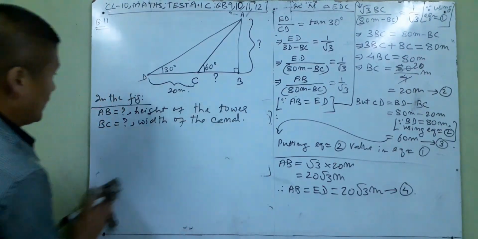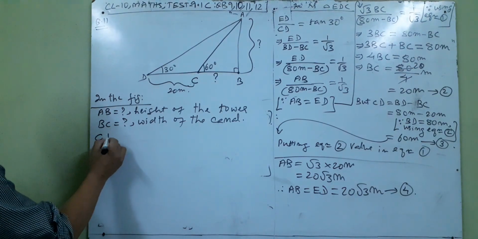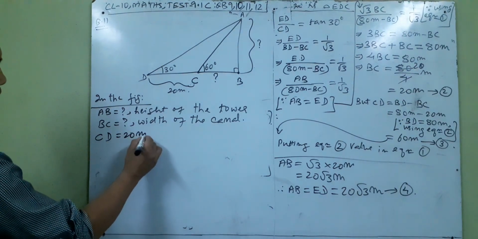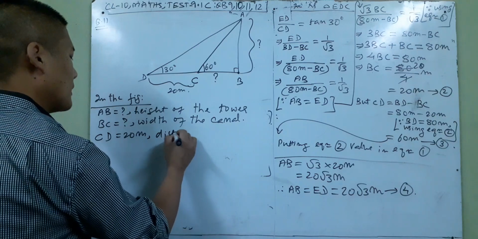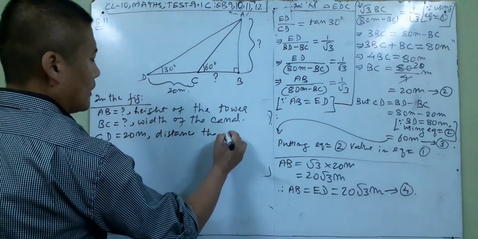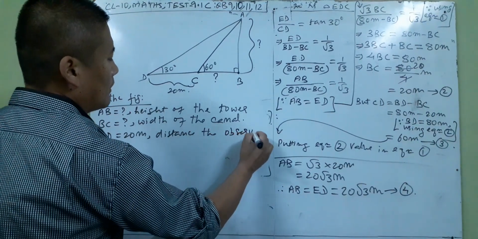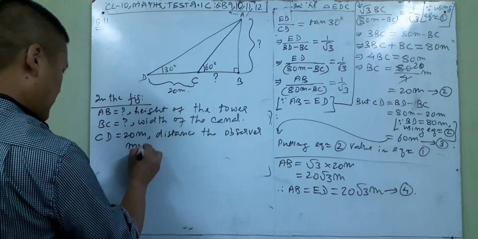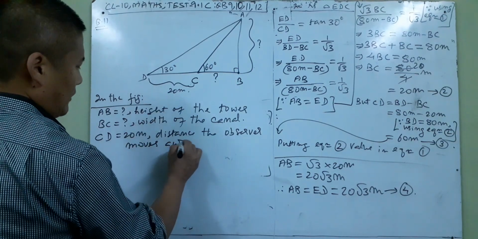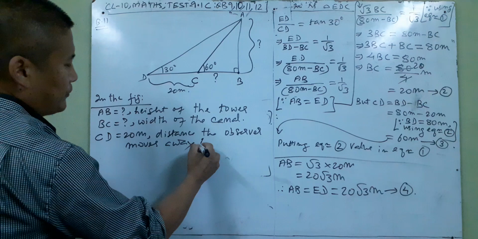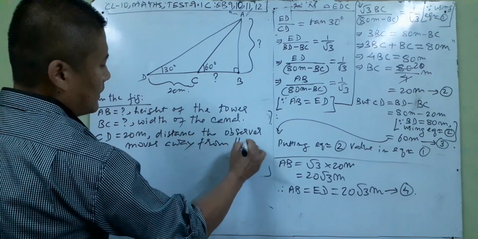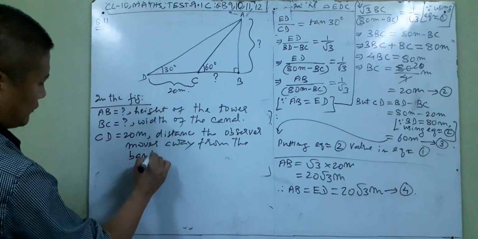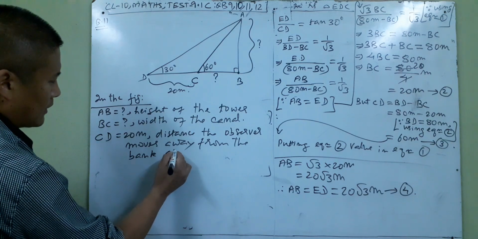Then next, CD is equal to 20 meter, the distance the observer moves away from the bank of the river where he was initially standing, C.